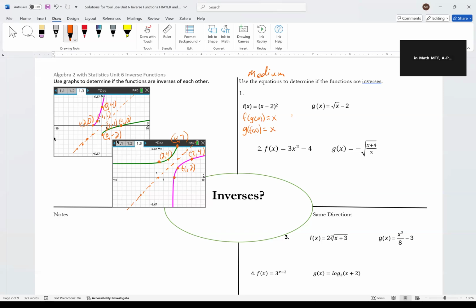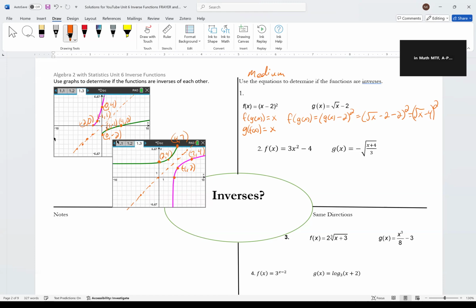So f of g of x would have g of x substituted in the place of x, or the square root of x minus 2 squared, which is the square root of x minus 4 squared.